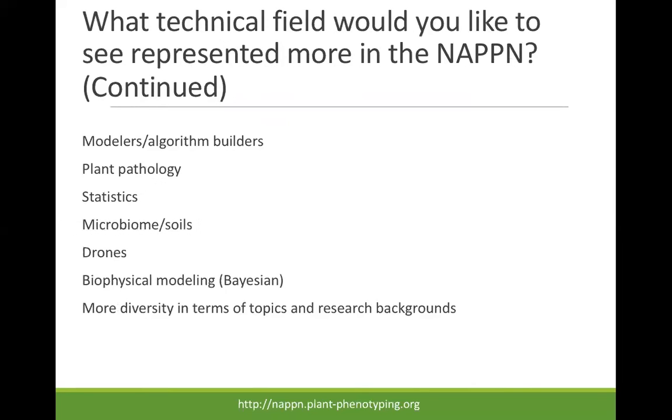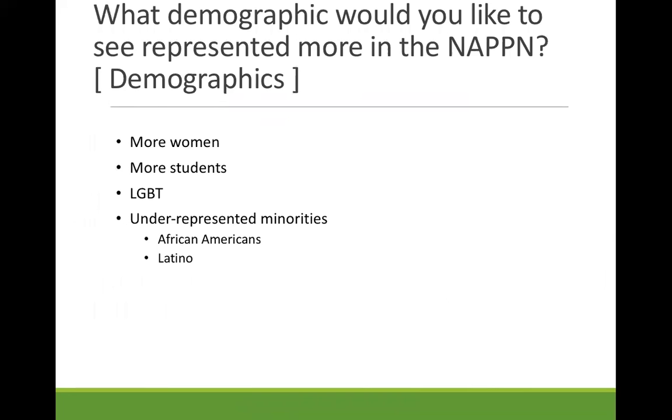And these are just some additional inputs that we had: modeling, statistics, microbiome. We haven't talked much about that, but that's certainly an attribute to root phenotyping and plant phenotyping. And in terms of demographics, we got some responses there as well.